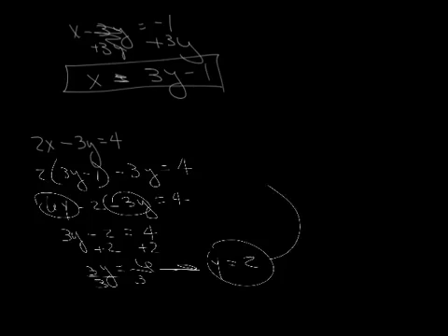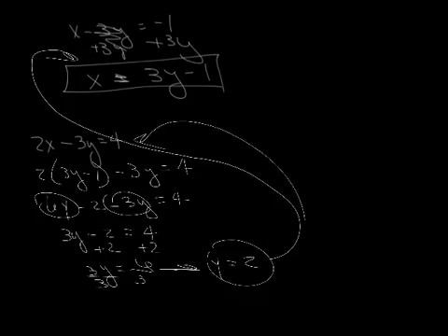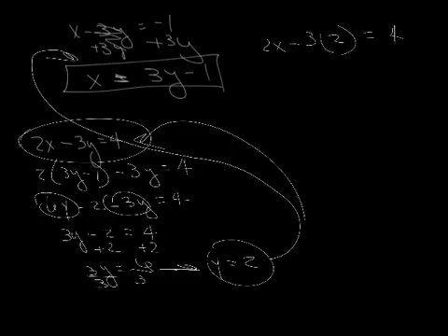Now I take this and I plug it into one of these equations. Doesn't matter, again, which one, that one or that one. Let's plug it in this one. Minus 3 times 2, and that's going to equal 4.